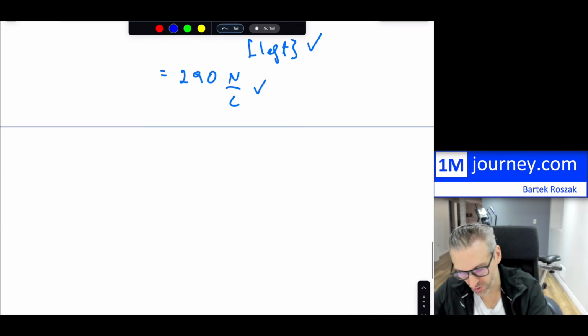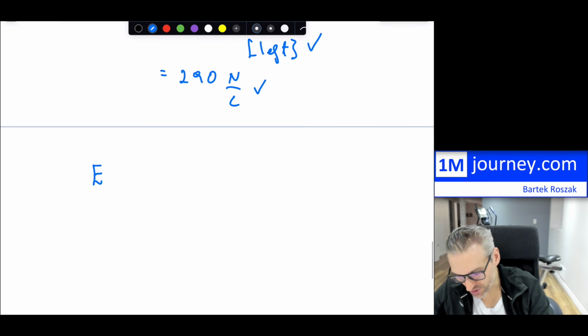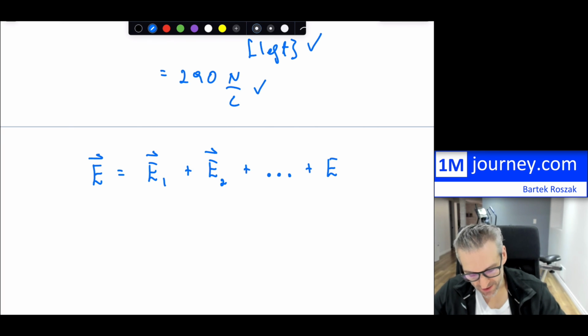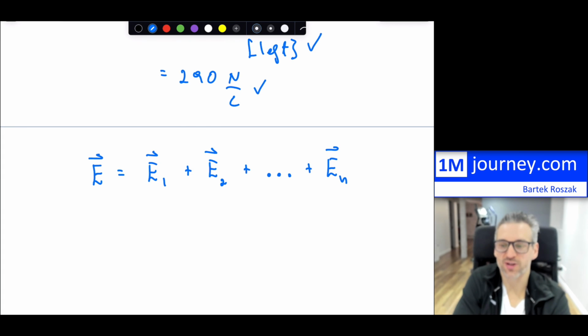So in general, to summarize, the electric field is going to be equal to all of the electric fields with respect to all the charges that are present. However many there are, this is what you're going to have to do. Deja vu. It's almost like talking about the net force and then adding up all of the forces.